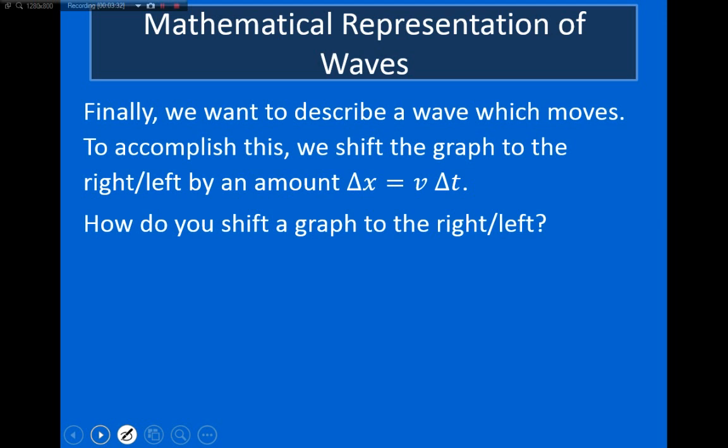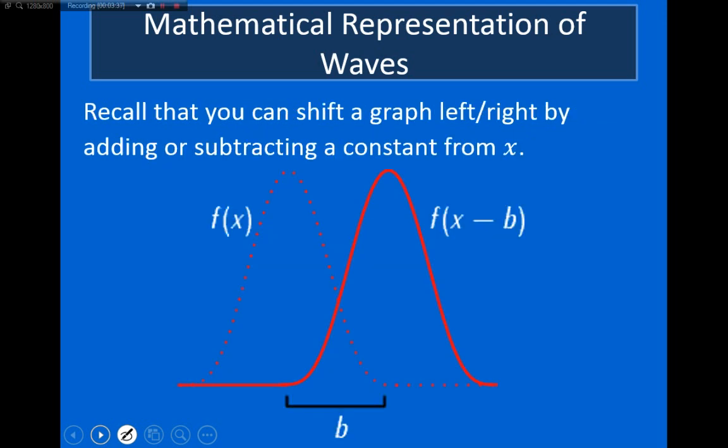Again, if you remember back in your algebra class, we can shift a graph to the left or the right by taking the x inside the function and adding or subtracting a constant to it. Giving this example, I have a dashed line which is f of x, and the solid line is f of x minus b. It's important to remember that when you subtract, the graph moves to the right.